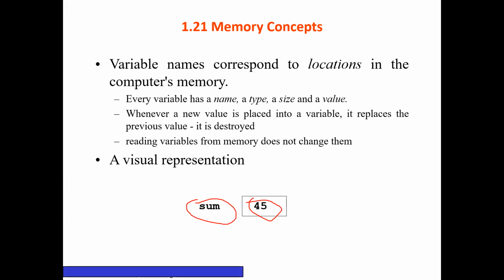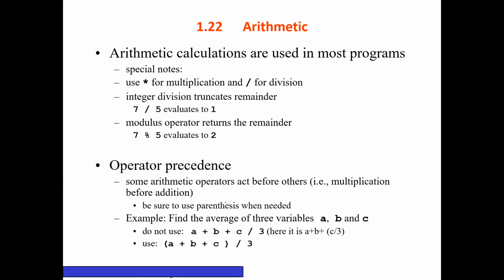One thing you need to be very careful about is that you cannot use spaces while naming variables. So you cannot declare a variable sum space 1. Like this, you cannot declare a variable. It will give an error message.